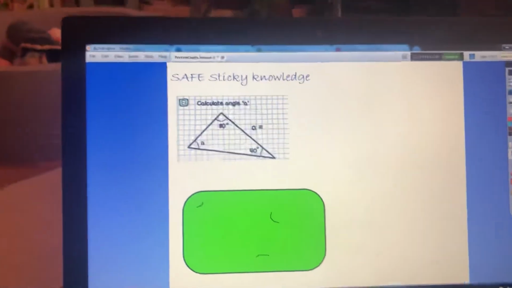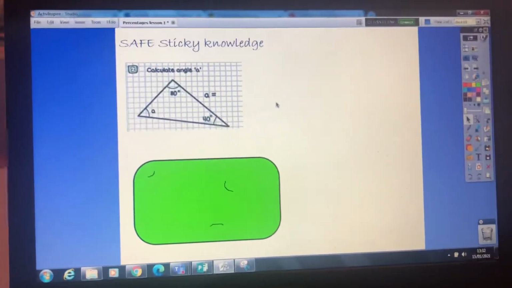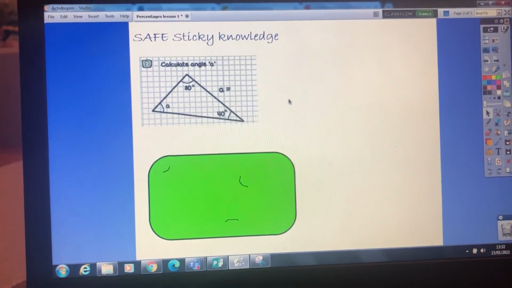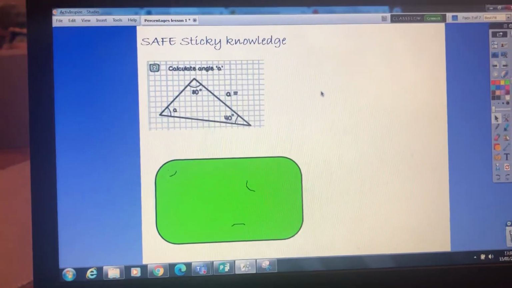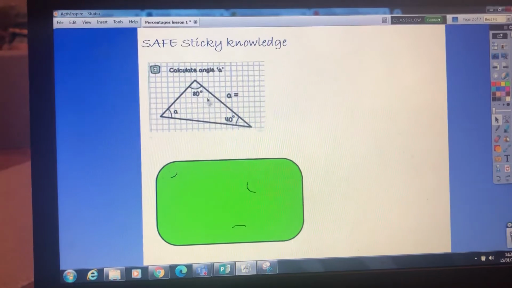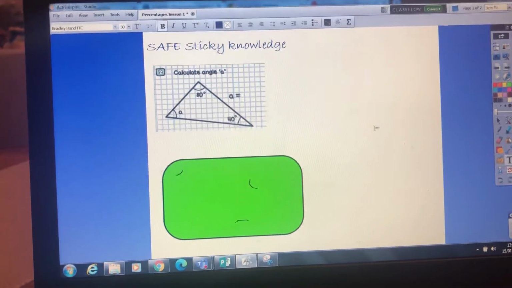Safe sticky knowledge. So a lot of us were asking about using a protractor for this question. It is not needed. It is about your understanding of angles of a triangle. The angles of any triangle add up to 180 degrees. So what you would need to have done is 80 add 40 because they're your two angles.